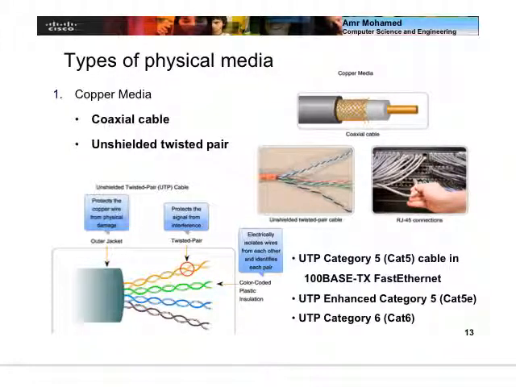But here, the signal, when it goes through the coaxial or the unshielded twisted pair, tends to be in a very low frequency range, which is what we call baseband. So the signal is not modulated to a higher frequency. And T refers to the fact that this is a twisted pair cable.